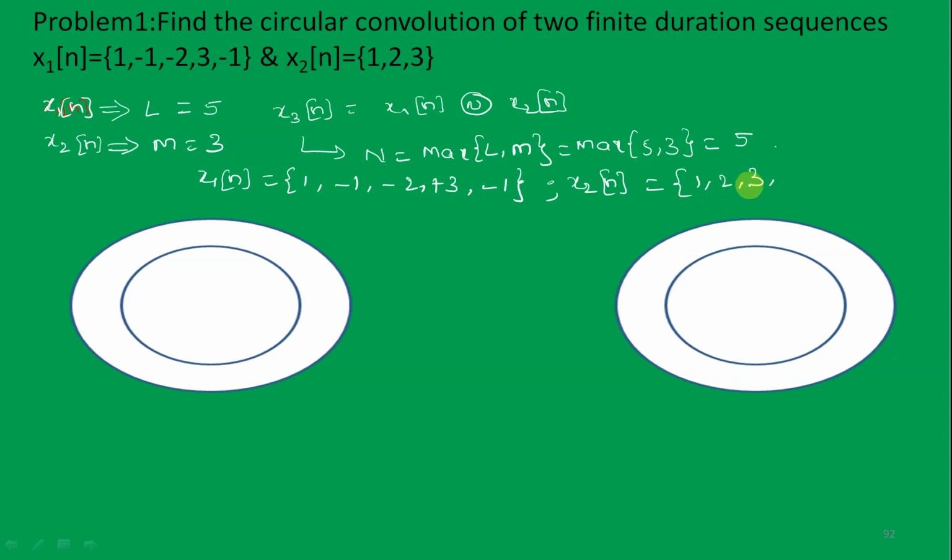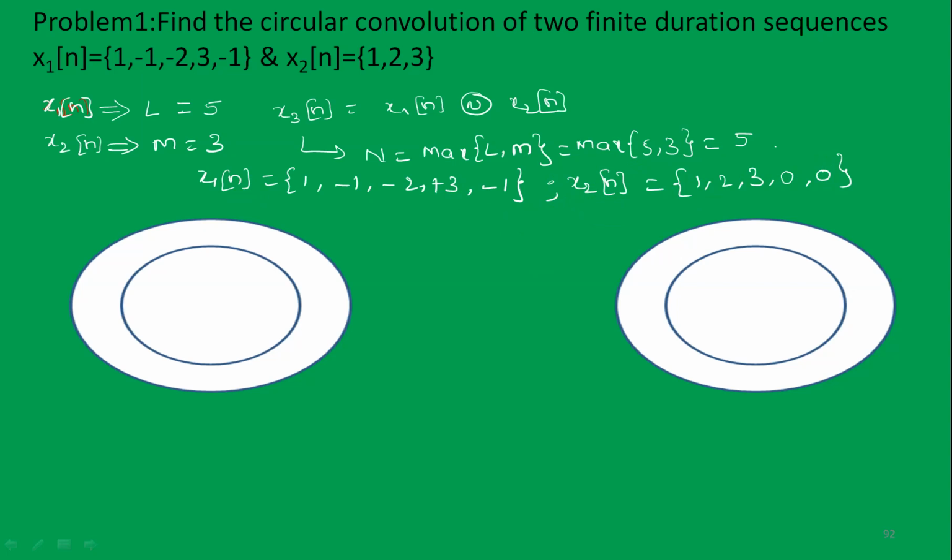How many zeros do we have to add? L minus M zeros, that means 5 minus 3, 2 zeros. Now 5 samples are there. In this way we should equalize the number of samples in both given sequences.